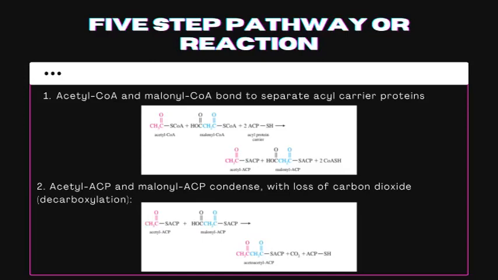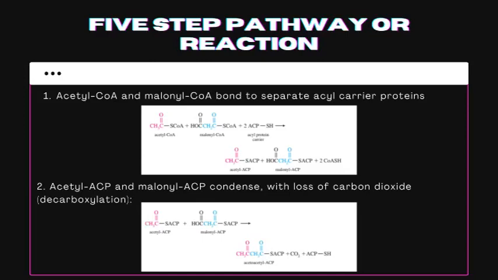Malonyl-CoA is made available to the enzymes of fatty acid biosynthesis by its conversion to malonyl ACP by malonyl transacylase. Acetyl-CoA is converted into malonyl-CoA by the enzyme acetyl-CoA carboxylase. The malonyl group is transferred to an acyl carrier protein to yield malonyl ACP.